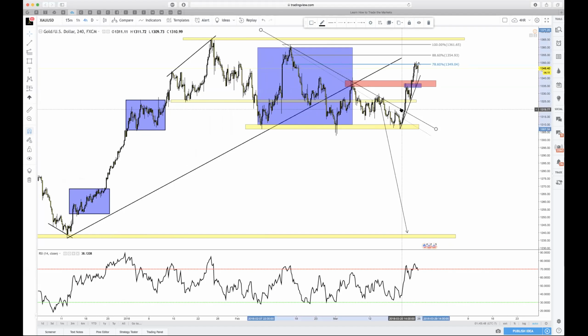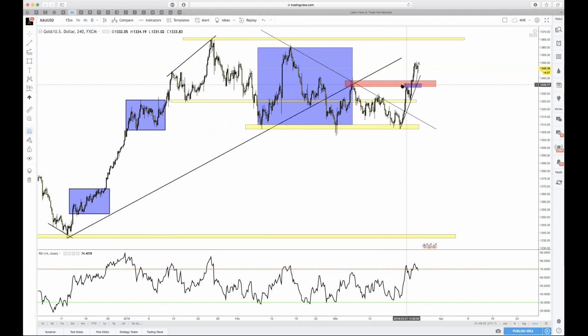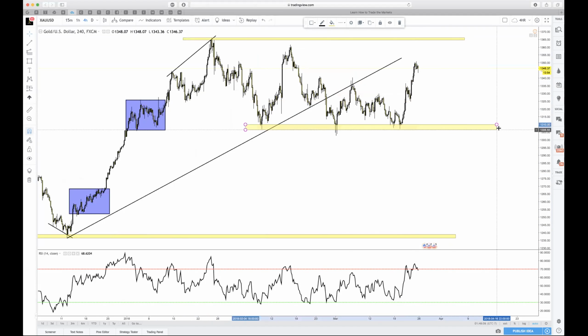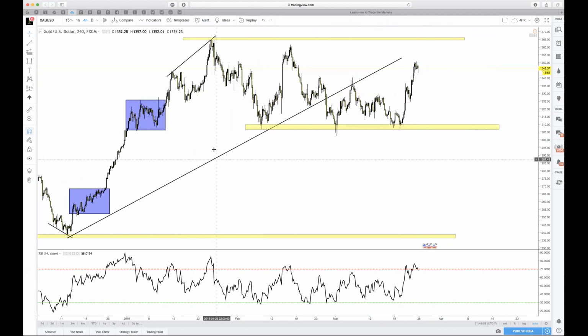Okay, let's clear this chart up. It's kind of messy. I don't like messy charts. Clean charts are always better. Okay, that's a support for this. That's a resistance. This is a support. Now the harmonic pattern is right about here.